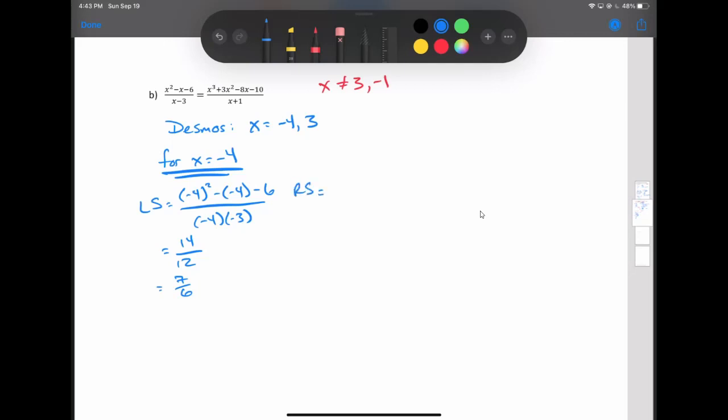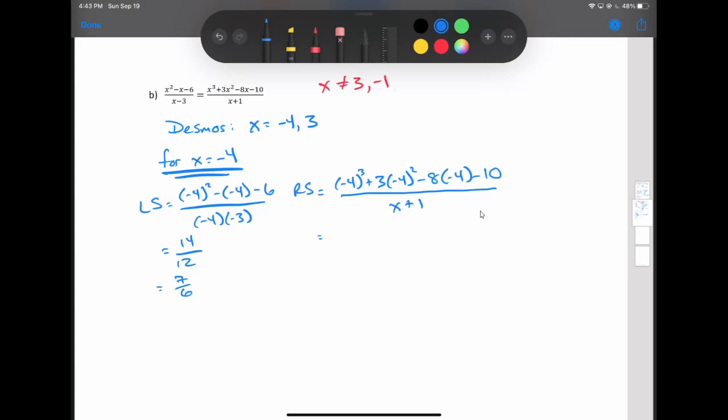And then the right side is equal to -4 cubed plus 3 times -4 squared minus 8 times -4 minus 10 over x plus 1. Okay, -4 cubed is going to be -64.